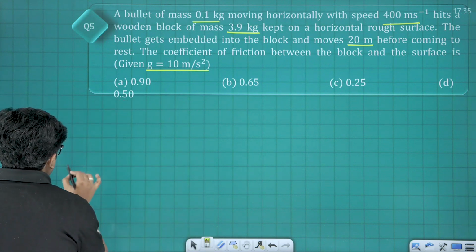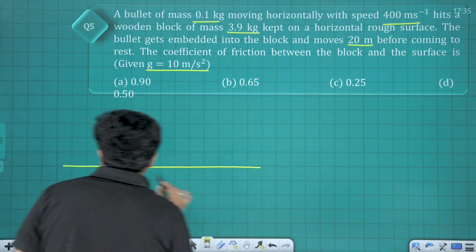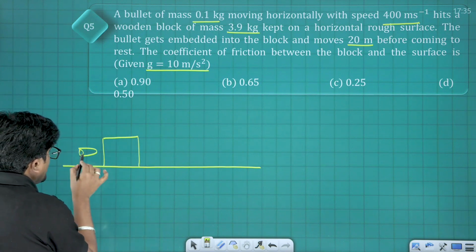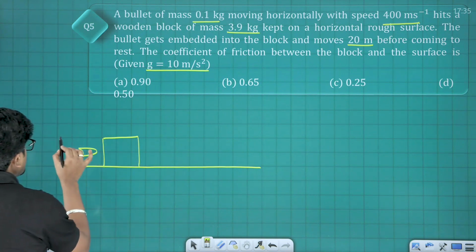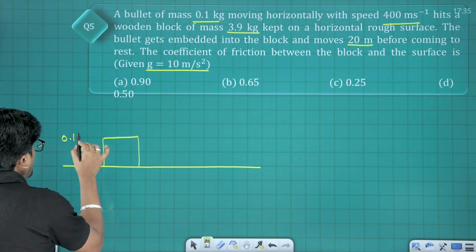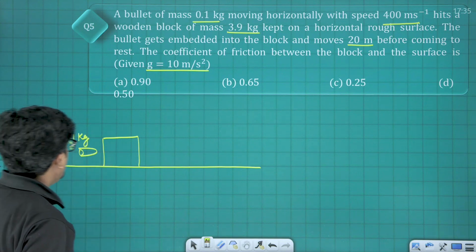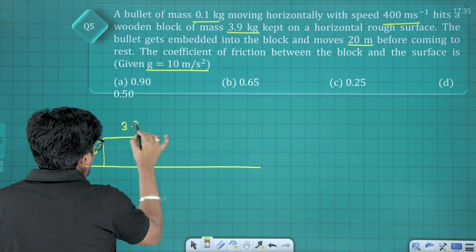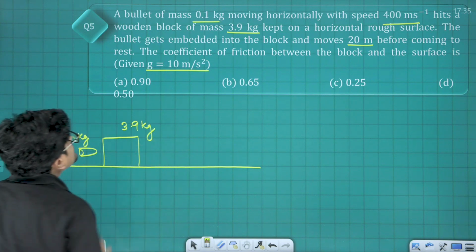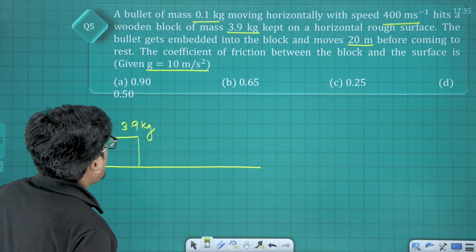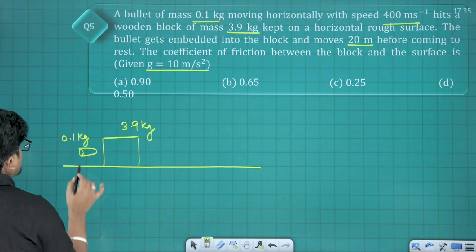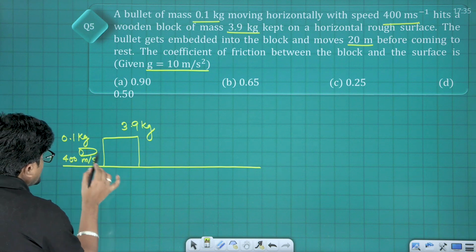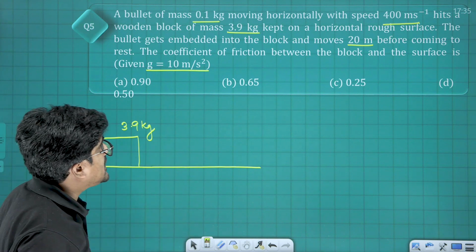Now have a look. Let me consider the situation here. Let this be the surface and let this be the block, and let this be the bullet. The bullet is of mass 0.1 kg, and the block is of mass 3.9 kg. Here the bullet was coming with a speed of 400 meter per second.